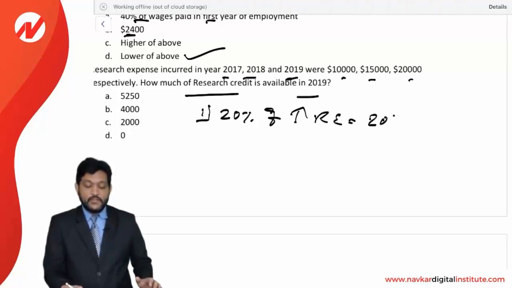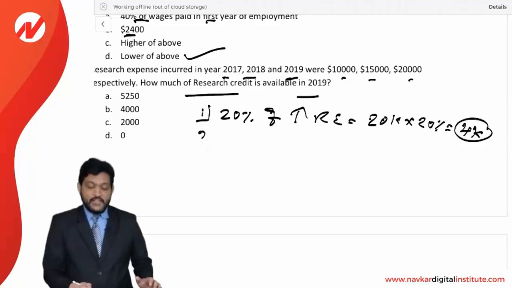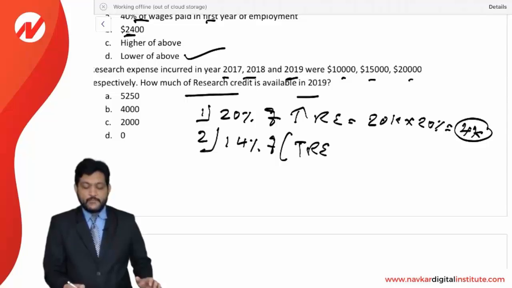So we can make 20% of 20,000, which will be 4,000. That is one thing. Second option, 14% of total research expense less 50% of average research expense.